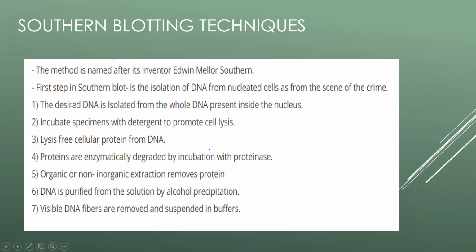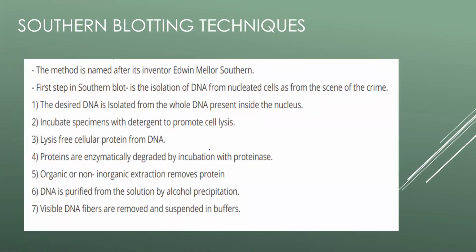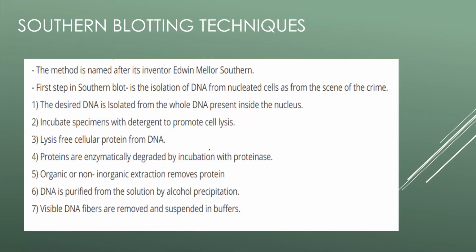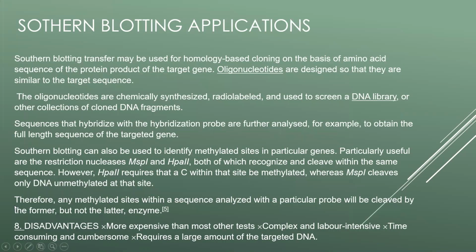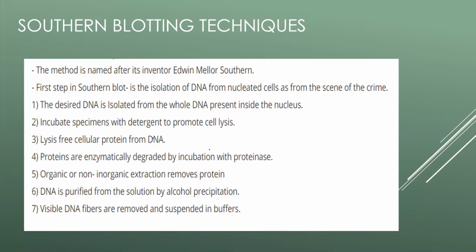Next step, cut the DNA fragments. Look at here. Cut the DNA fragments using restriction endonuclease enzymes. After cutting the DNA fragments, incubate the specimen with detergent to promote cell lysis.